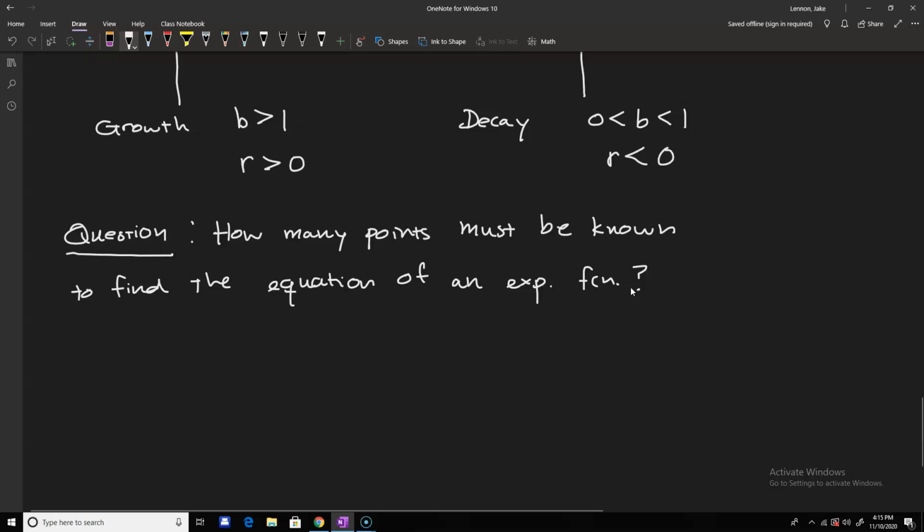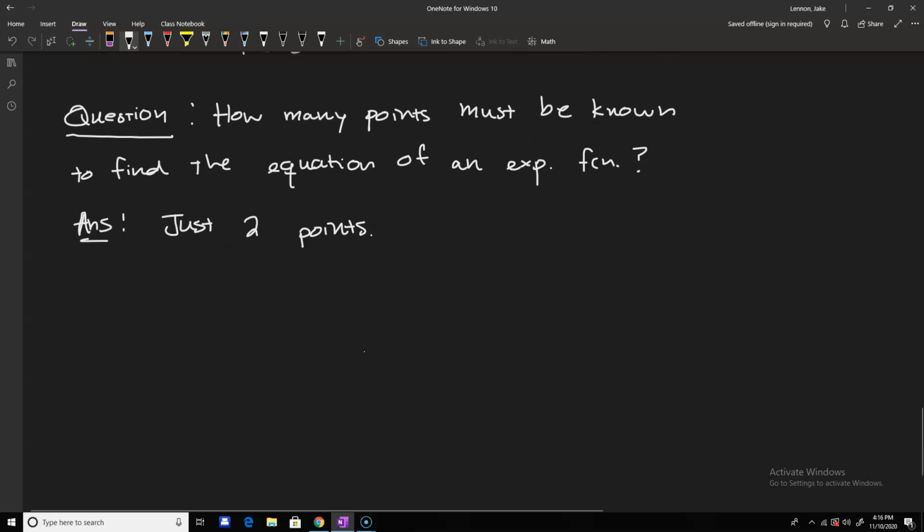Well, x and y are variables, so you have 2 variables and 2 constants. For a linear function, you had the same sort of thing going on. y equals mx plus b, y and x are the variables, 2 variables, and m and b are the constants, 2 constants. So it turns out that you only need 2 points. Just 2 points, same as the minimum number for a linear function.